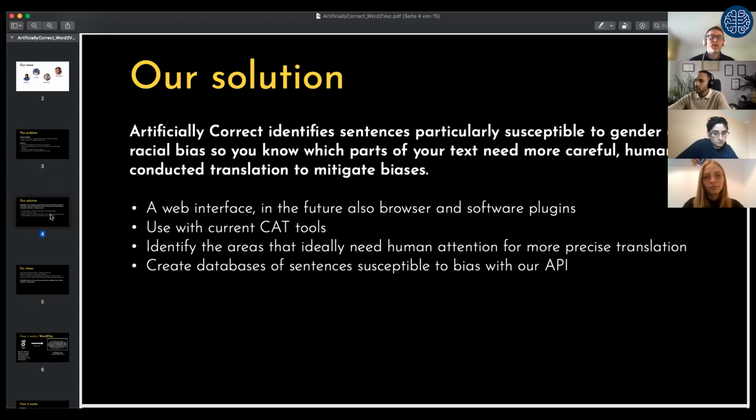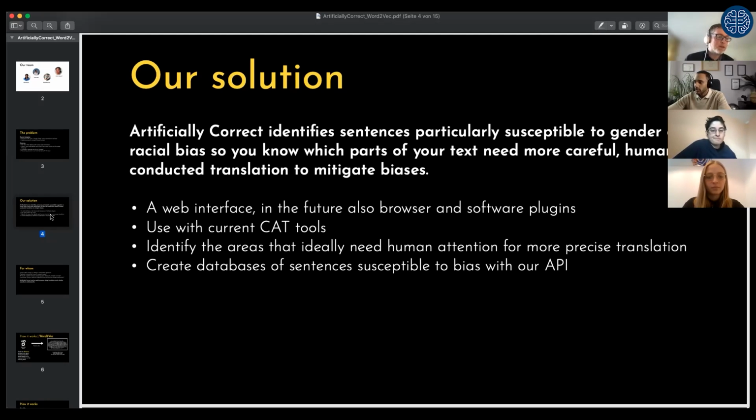And there we didn't just want to focus on gender. We wanted to focus also on racial bias, which we think is very important. And more importantly, we didn't just want to look at, let's say, one language, English, but we wanted a holistic approach that can be used on all different languages. So whatever language you have, this tool can be used for it.